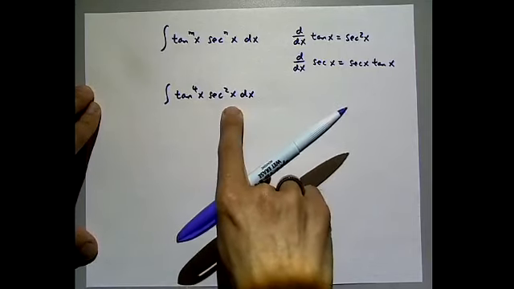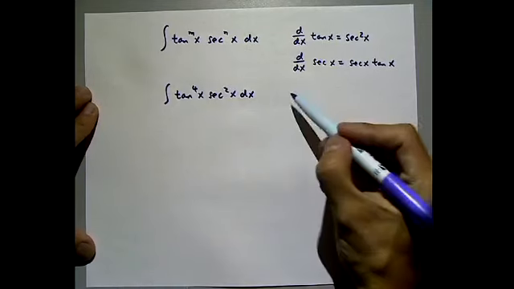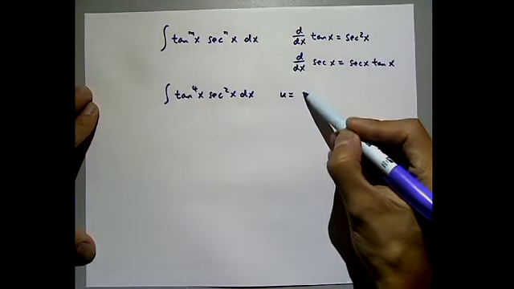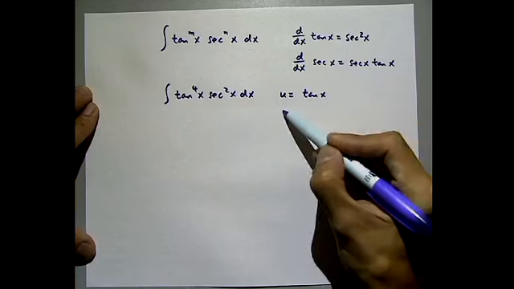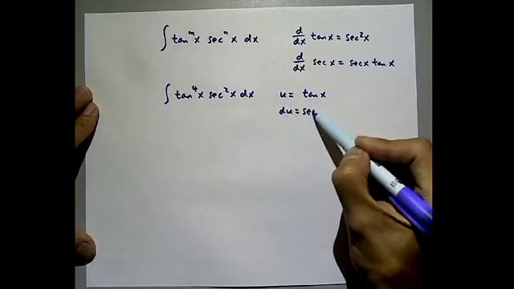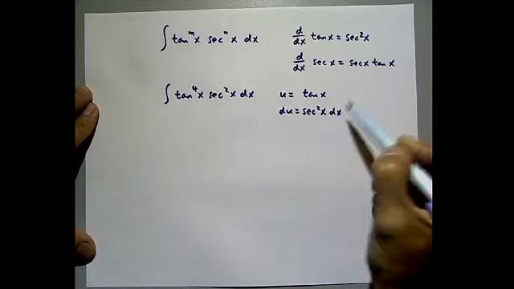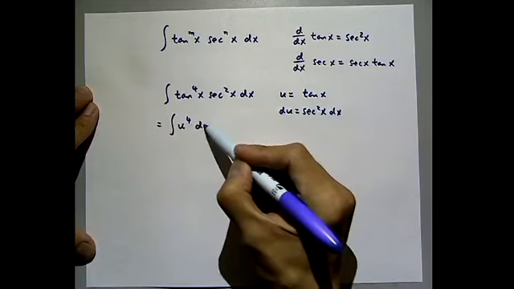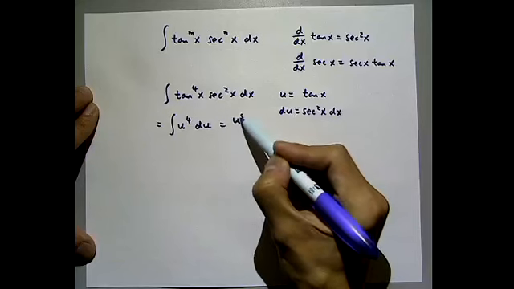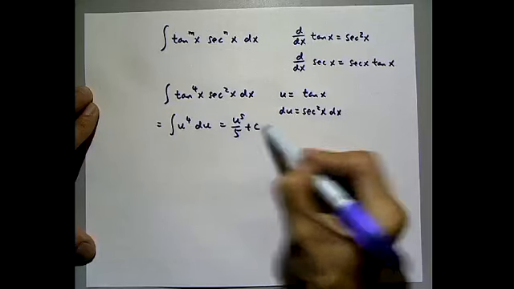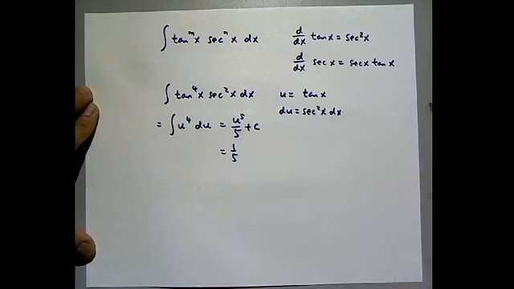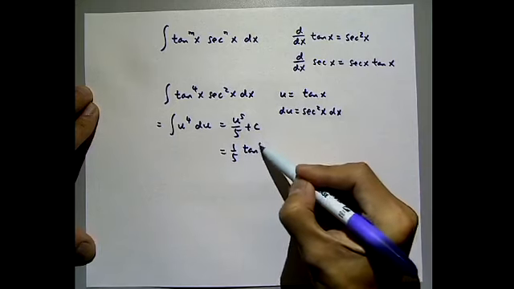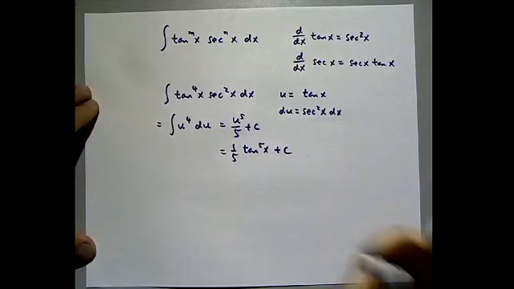There's my du, and then I'm done. So this is simply u to the fourth du, which we can integrate all day. Right? So that's easy.